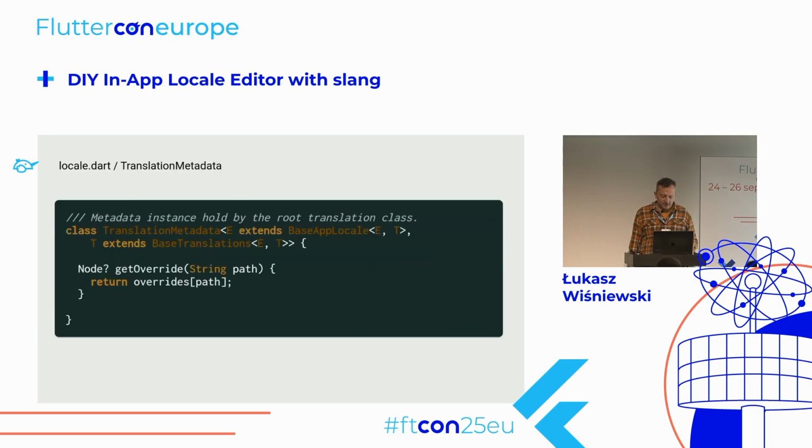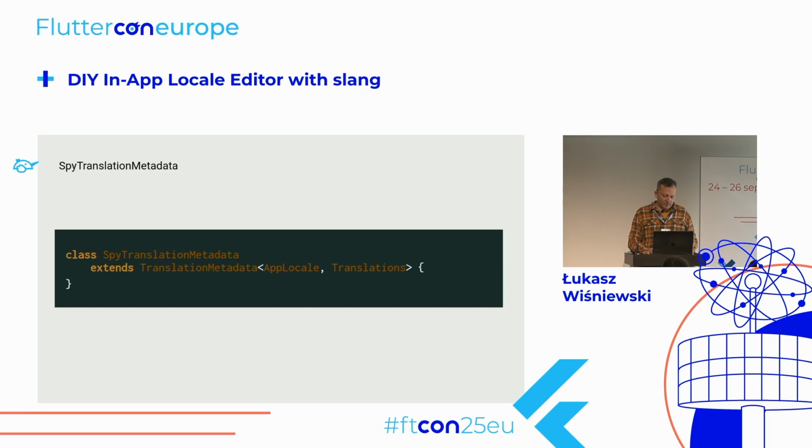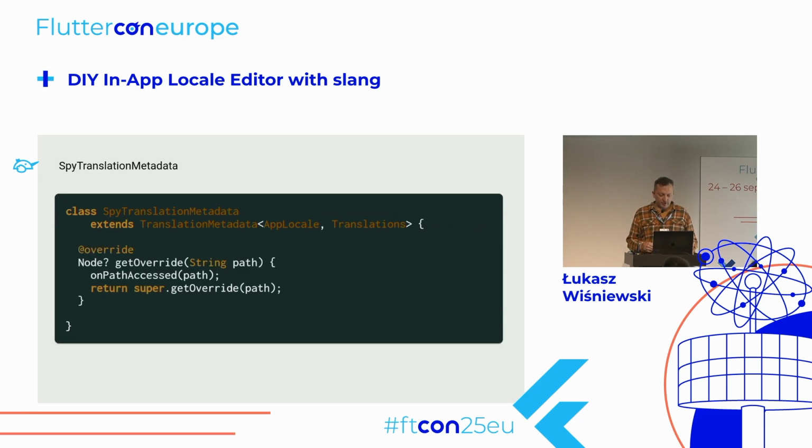That's the class that will help us get the tracking. Here my contribution was literally this getOverride method, and I can use this getOverride method now in my extended class, where I'll be able to track the strings that are being accessed.